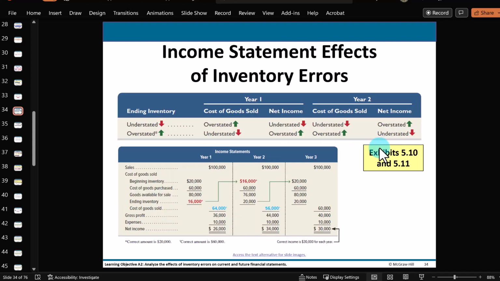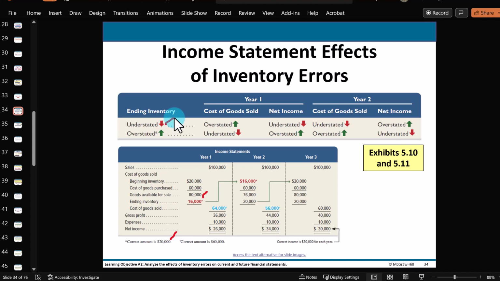So taking a look at an example here, this example of 2 or 3 years. We're at the end of year one, and we go around and count our inventory, and we miscount it. It should be $20,000, but we counted 16. So this is so-called understating your ending inventory, showing too little.